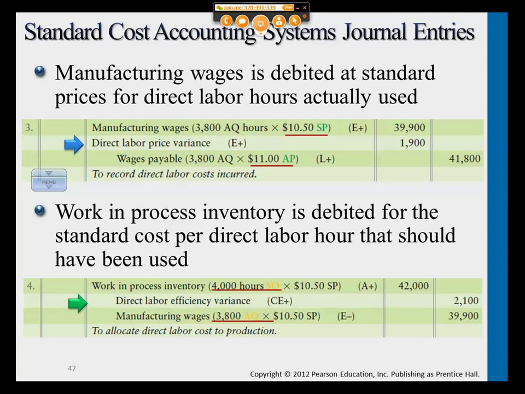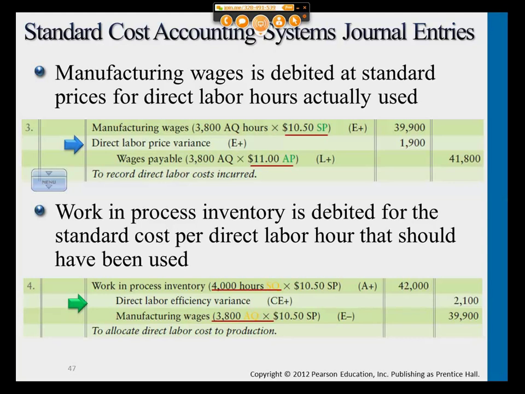All right, the next, for the fourth entry, the general rule is work in process inventory is debited for the standard cost per direct labor hour that should have been used. So how do we calculate it again? Remember your formulas. Your work in process inventory, practically, if you look at it, is the way you are calculating your efficiency variance, right?